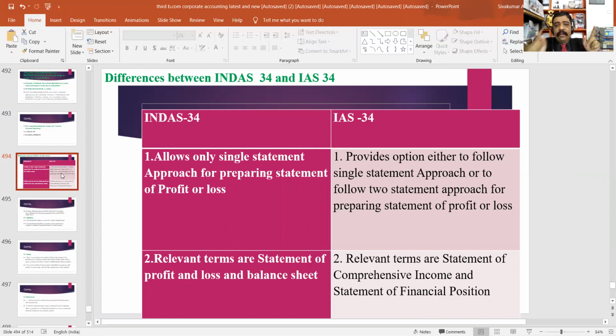IAS 34 provides the option either to follow the single statement approach or the two statement approach for preparing the statement of profit or loss. The relevant terms as per Ind AS 34 are statement of profit and loss and balance sheet, but the relevant terms as per IAS 34 are statement of comprehensive income and statement of financial position.